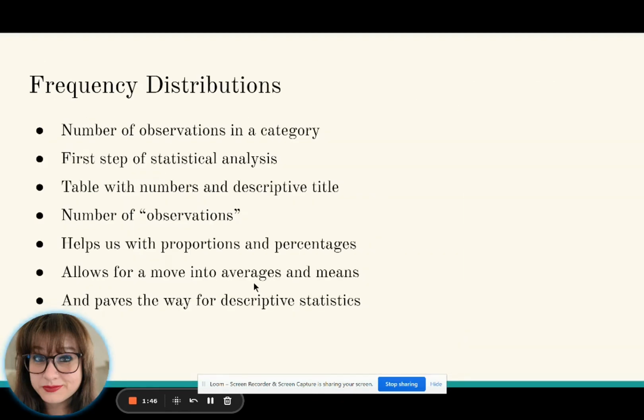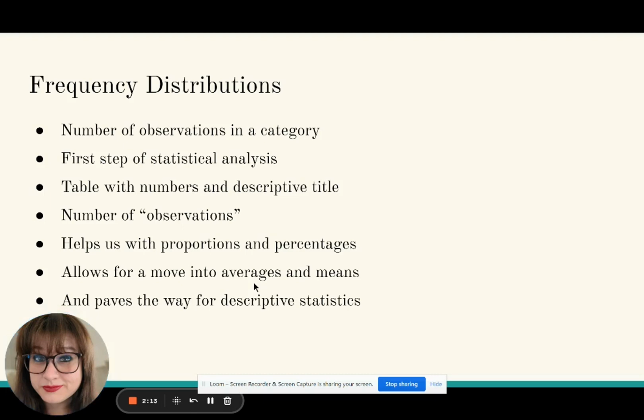So in terms of frequency distribution tables, essentially what they are is they're measuring observations in a specific category. So you have a variable, and in those variables, there are different categories. And it's really the first step toward statistical analysis, because you need to understand how many things are going on and what's happening.